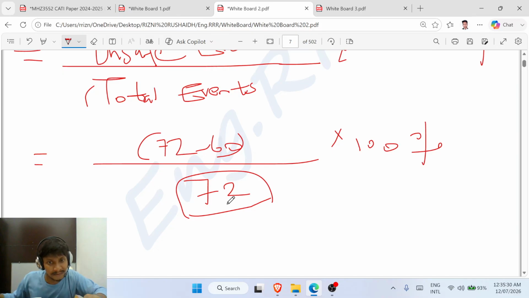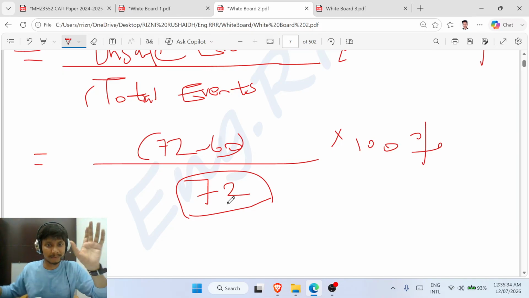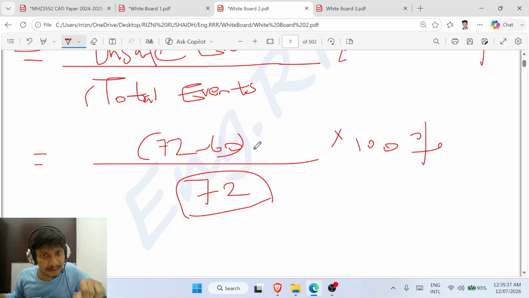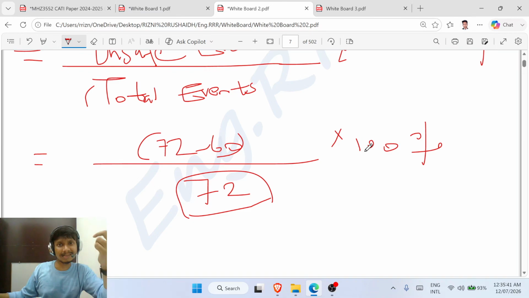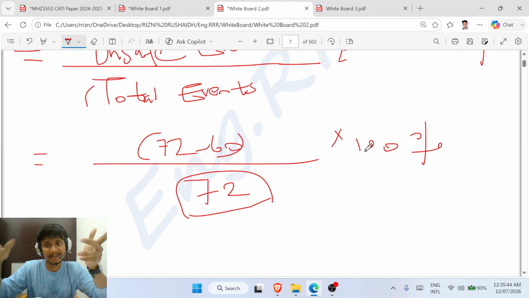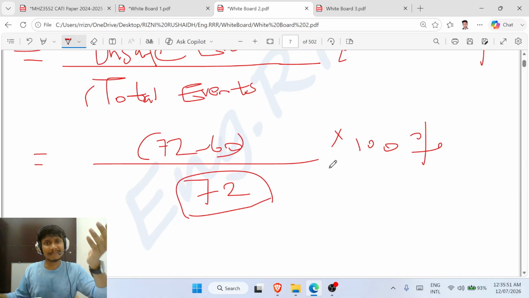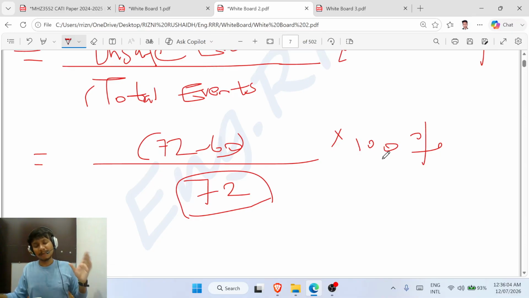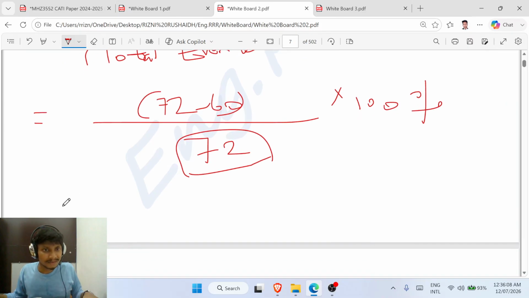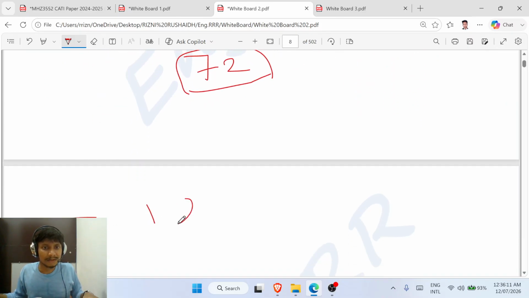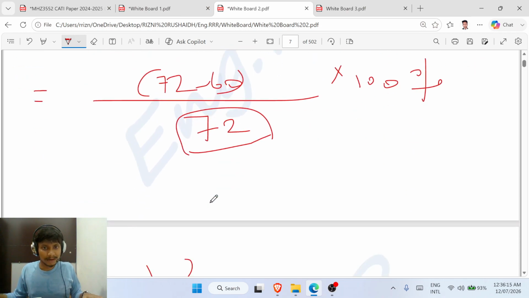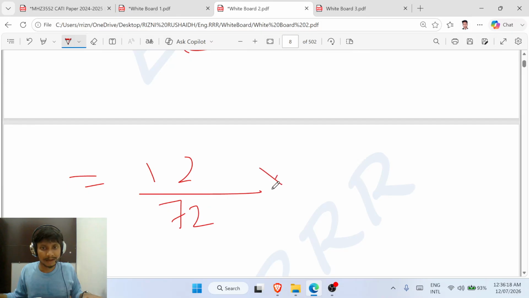Unsafe events are 72 minus 60, which is 12. So 12 divided by 72, into 100 percentage.